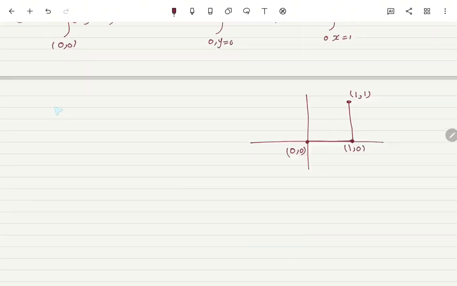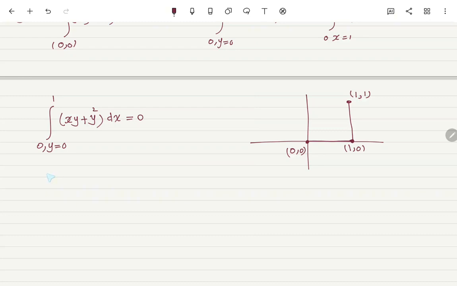Now the first integral, y equal to 0, 0 to 1 of xy plus y square dx equal to 0, because y equal to 0. If we substitute y equal to 0, the integral equal to 0.